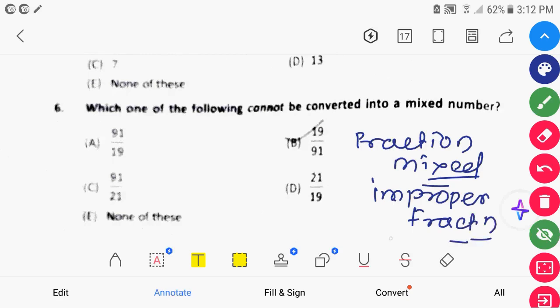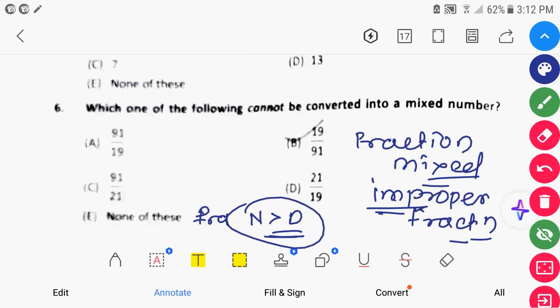So what is meant by an improper fraction? The fraction whose numerator is greater than denominator, those fractions are improper fractions. So only improper fractions can be converted into mixed fractions, where the numerator is greater.